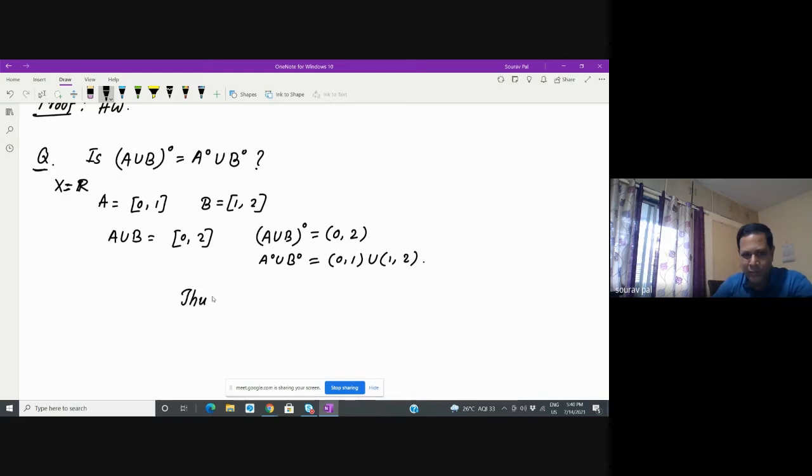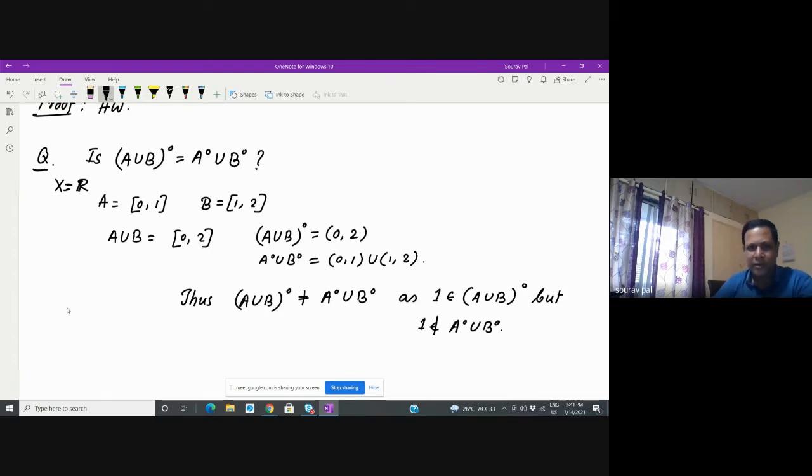Thus, the interior of A union B is not equal to A interior union B interior, as 1 belongs to the first but does not belong to the other. So the answer is no.